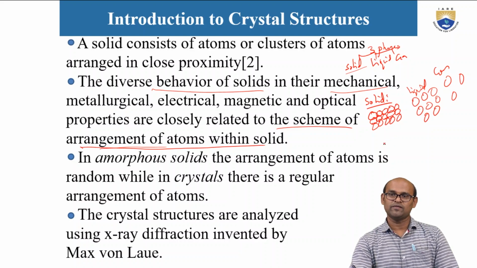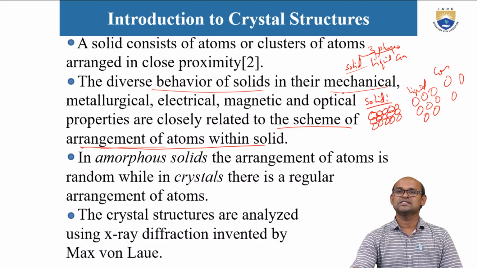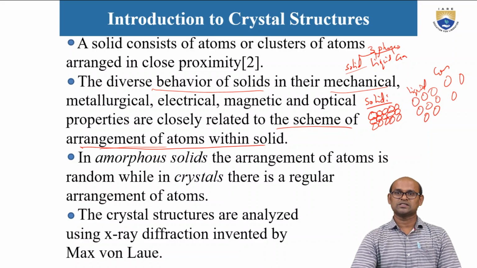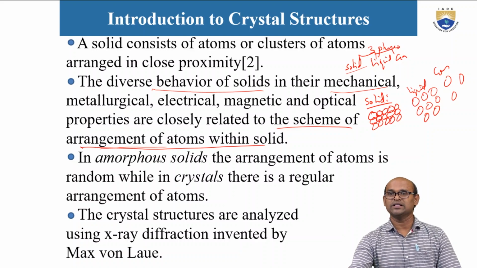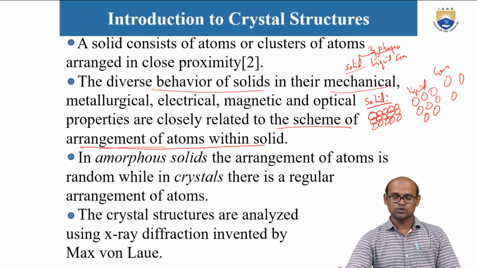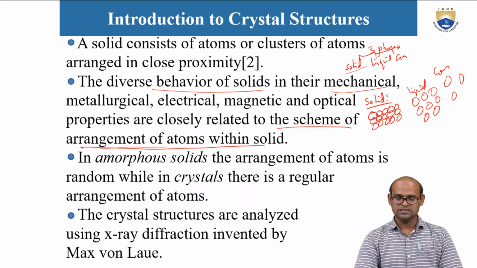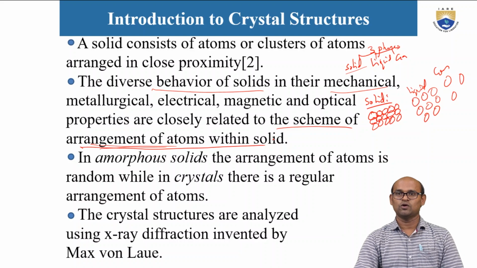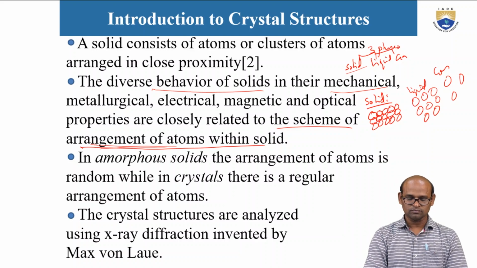Based on the arrangement of atoms, mechanical properties can change, metallurgical properties can change, electrical properties can change, and magnetic and optical properties can change. So the important point is that based on the arrangement of the atoms within the solid, the properties of the material can vary. Okay.